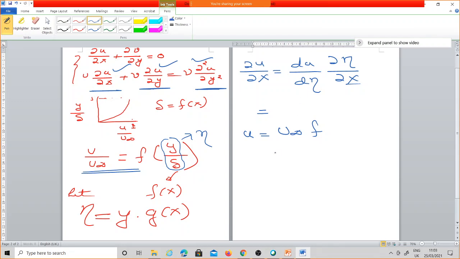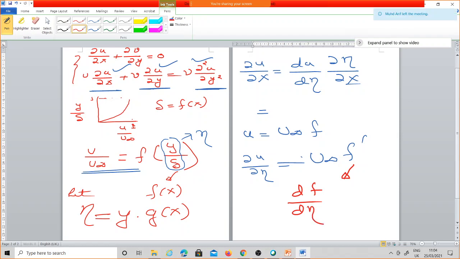So if you write du by d eta, u infinity is constant, right? And that should be f prime. So in this case, what is f prime? f prime means df by d eta, because f is a function of eta, y by delta.